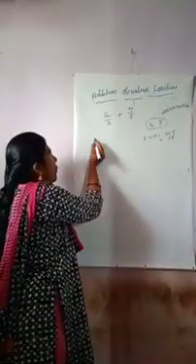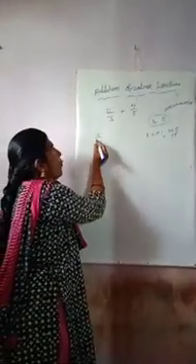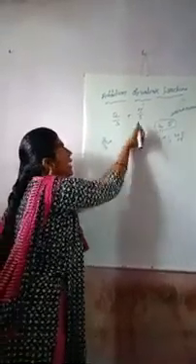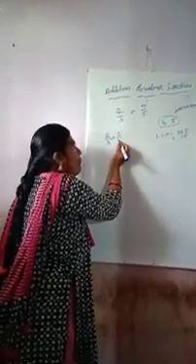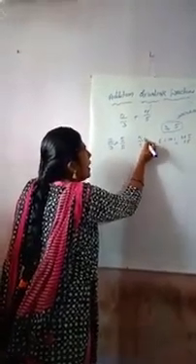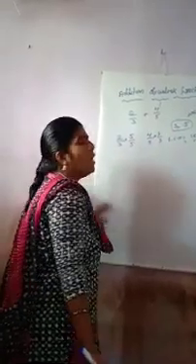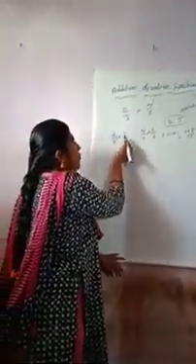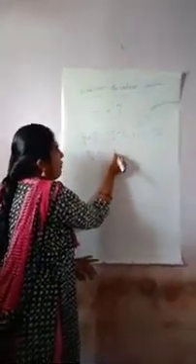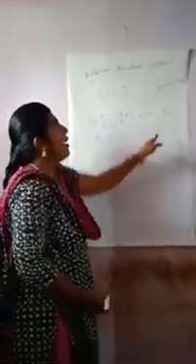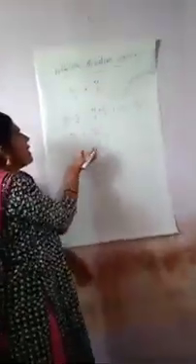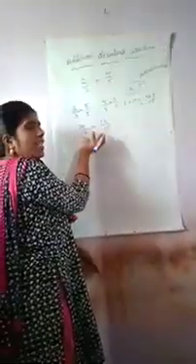So, for 2 by 3, multiply the numerator and denominator by 5, giving 5 by 5. 5 2s are 10, 3 5s are 15. Then 4 by 5: multiply numerator and denominator by 3. 4 3s are 12, 5 3s are 15. So the LCM becomes the denominator, and these two fractions are now like fractions.